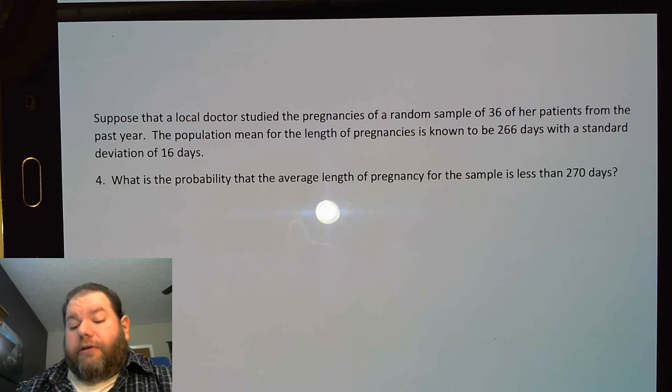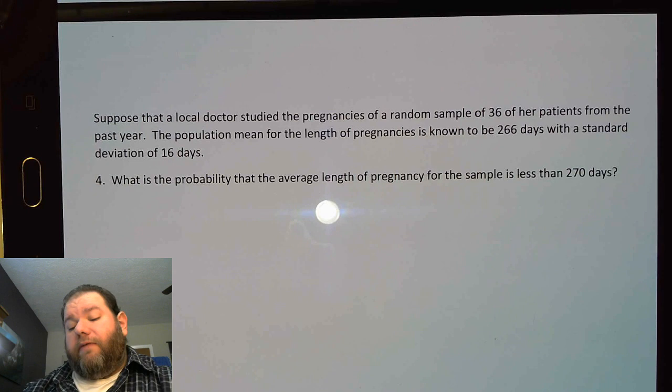Suppose that a local doctor studied the pregnancies of a random sample of 36 of her patients from the past year. The population mean for the length of pregnancies is known to be 266 days, with a standard deviation of 16 days. So for problem 4, what is the probability that the average length of pregnancy for the sample is less than 270 days?